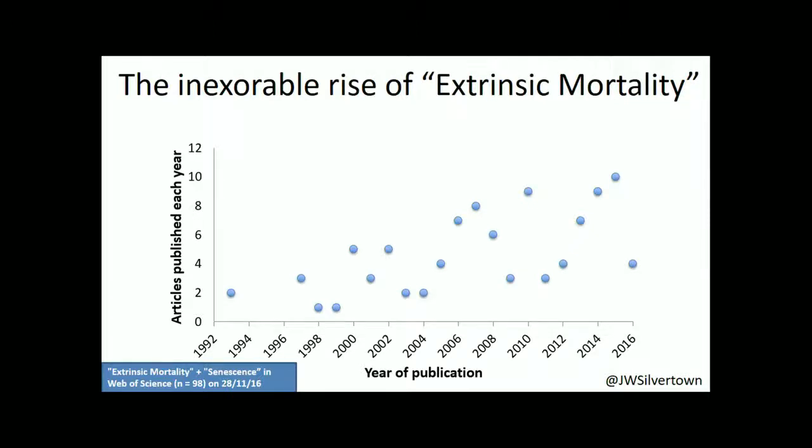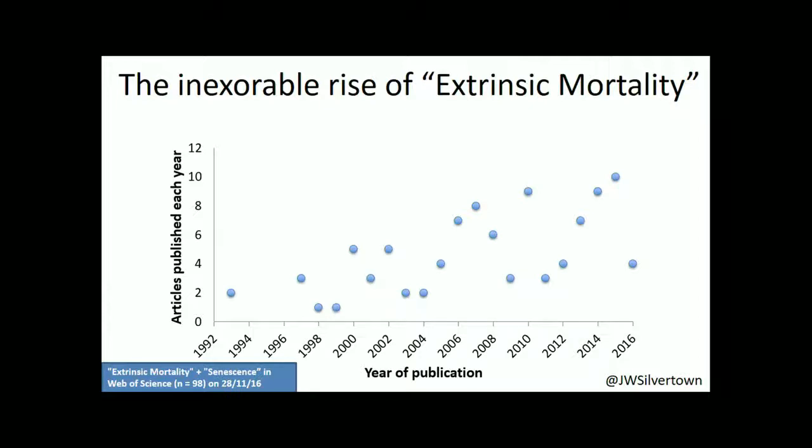These are points in the Web of Science representing the number of publications per year. It's not a huge number that actually mention extrinsic mortality and senescence. You see on the left there, 1992, when the term was introduced, although the idea, as I've explained, was introduced earlier, and roughly over time you get more and more papers saying we're going to test Williams' hypothesis that extrinsic mortality accounts for the rate of senescence.